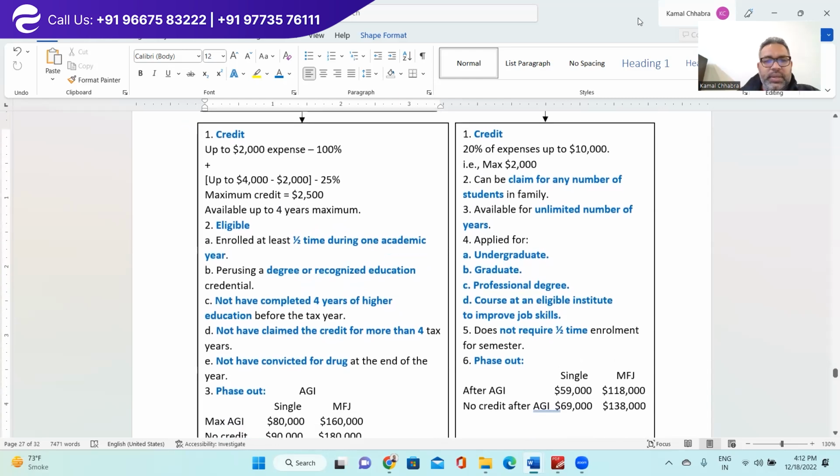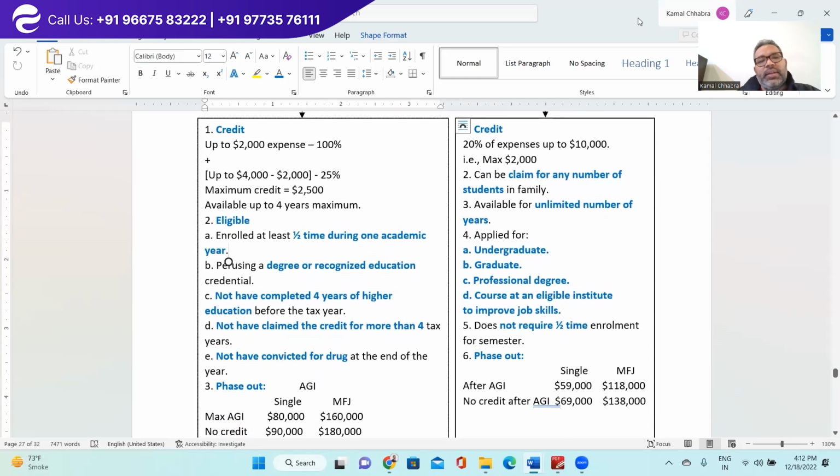So let's take a look again. What they're saying is the maximum credit is 100% up to $2,000, and after that 25%, but at the max up to $4,000 of expense, right? And it will be available for a maximum of 4 years, right? And who is eligible?